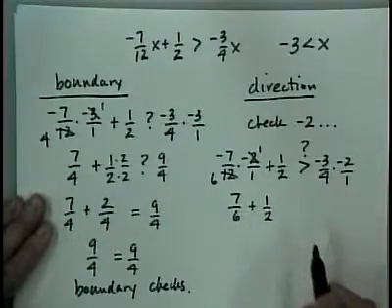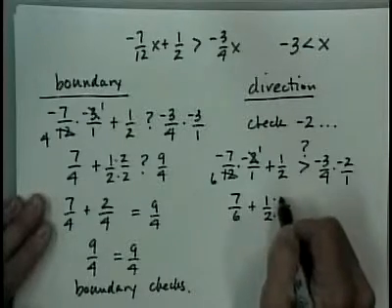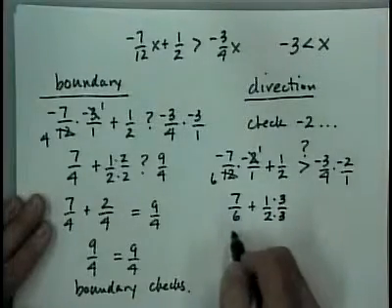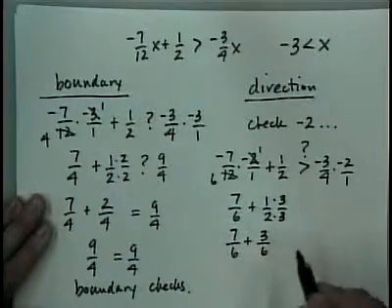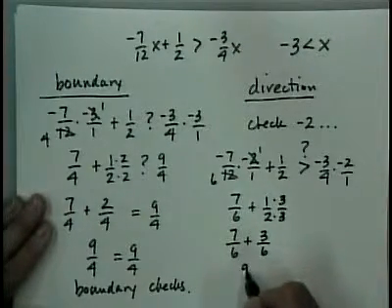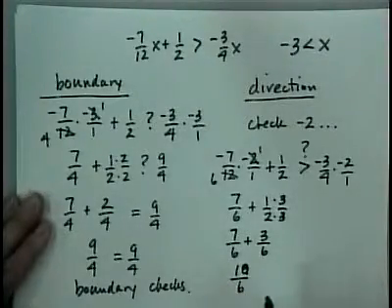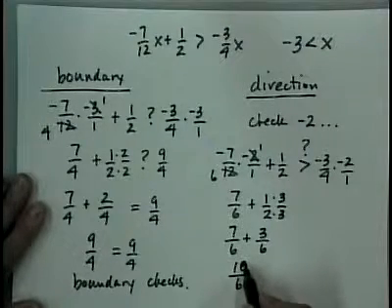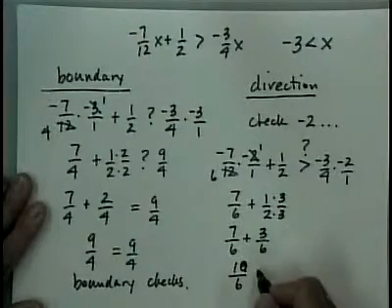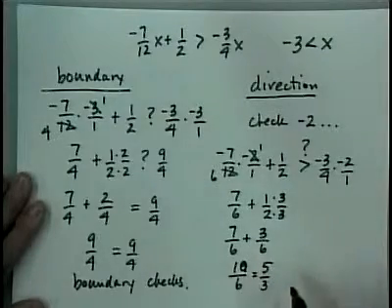Again, simplifying here when we multiply the fractions, simplifying a factor of 2, I get 7/6. I need to add 1/2. The common denominator is 6. So multiply this 1/2 by 3/3. So we take 7/6 and add 3/6, which gives us 10/6, which reduces to 5/3. So this side simplifies to 5/3.